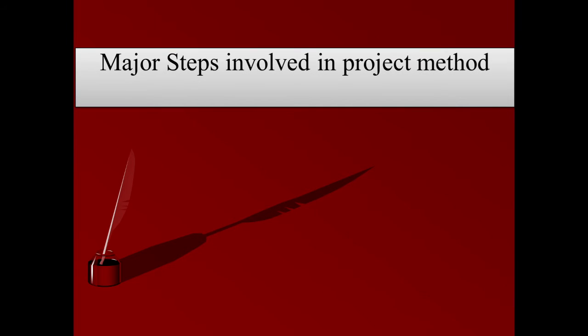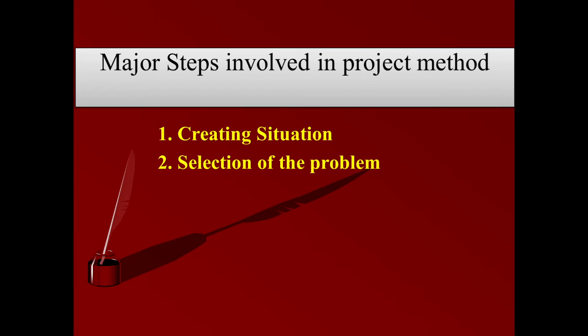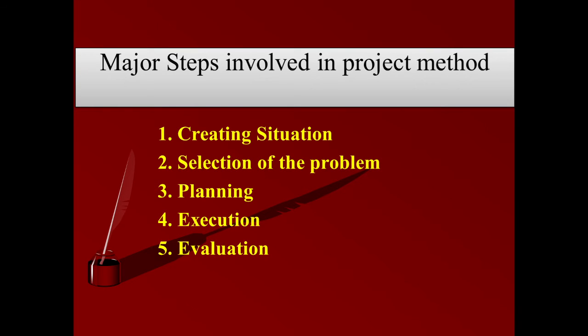Major steps involved in project method. Step 1, creating situation. 2, selection of the problem. 3, planning. 4, execution. 5, evaluation. And last, reporting and recording.